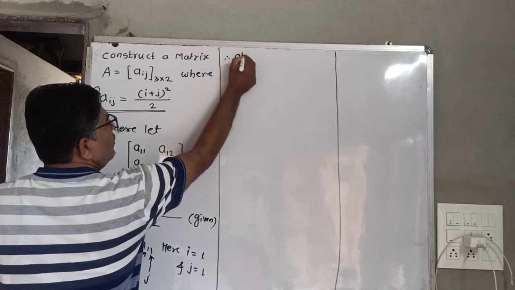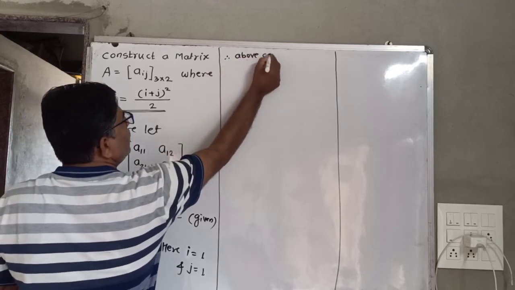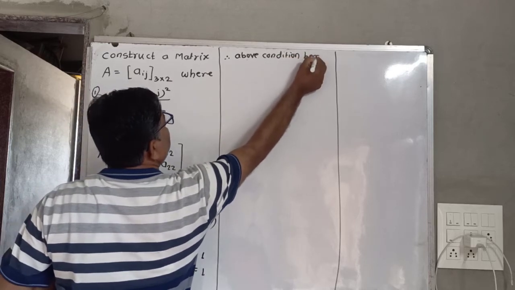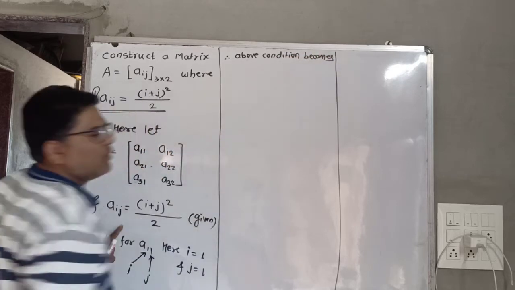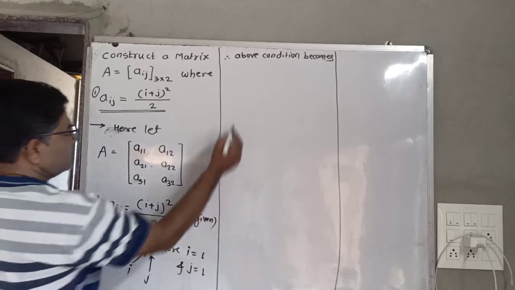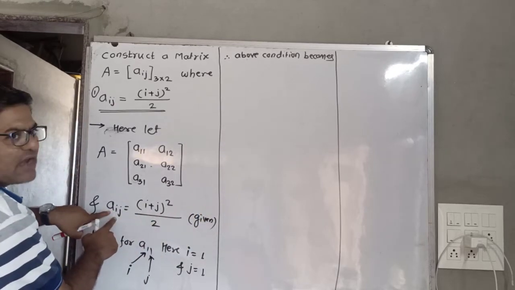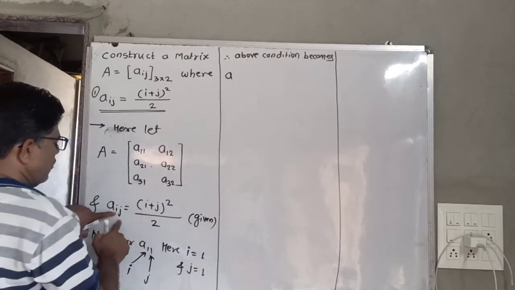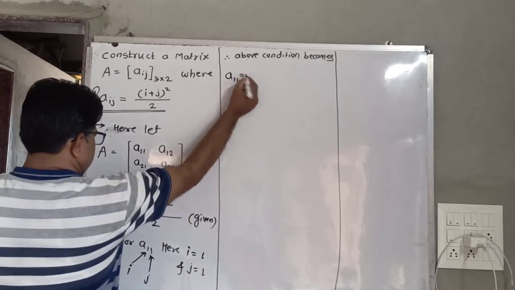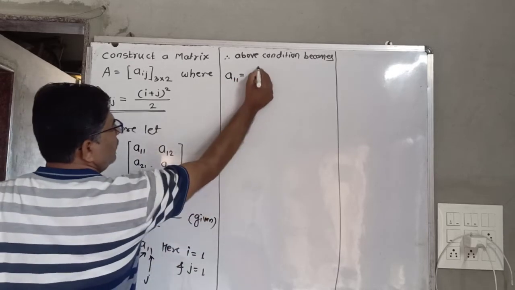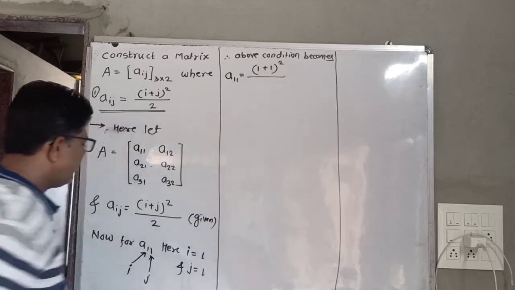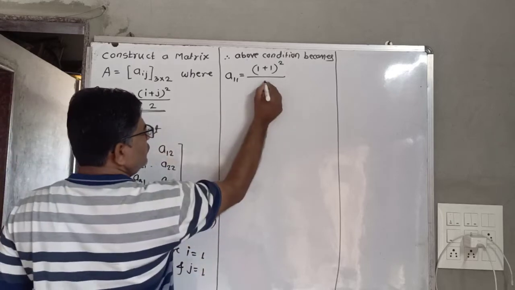The above condition becomes, just put in the values of i and j, nothing more. a11 equal to (1 plus 1) whole square divided by 2.